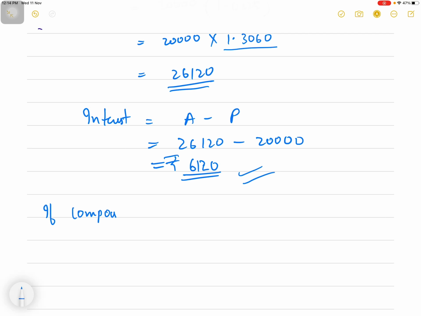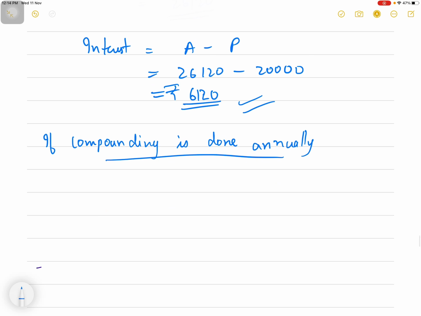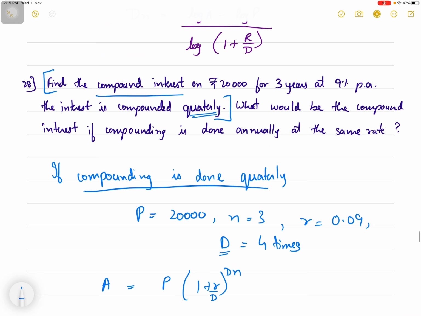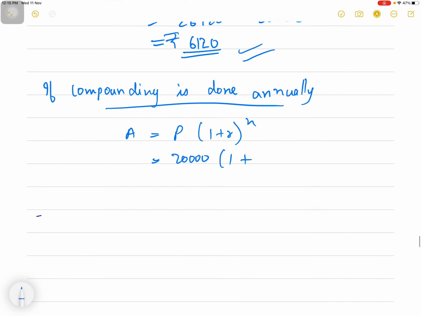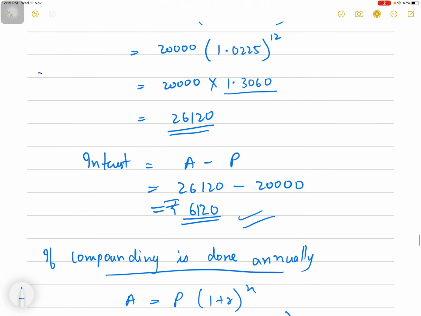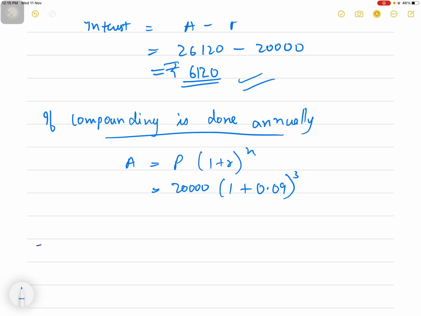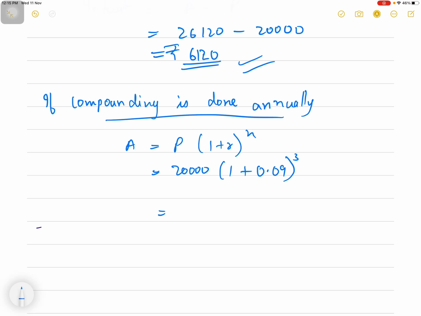If compounding is done annually, then your formula is A is equal to P into 1 plus R raised to N. Principal is 20,000. 1 plus R, how much is the rate of interest? 9%, 0.09, and it is for 3 years, so N is 3. So 20,000 into 1.09 raised to 3.